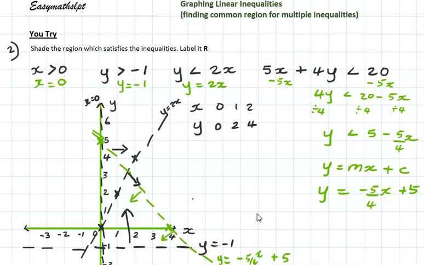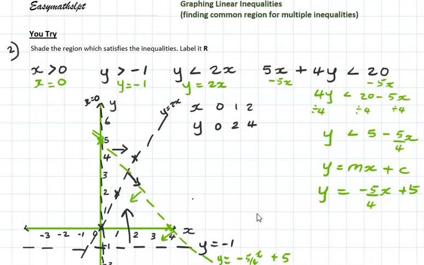So where is the region that we have all our arrows? Well, the graph for x is greater than 0 is going in this direction. For y is greater than negative 1, it's going here. And for y is less than 2x, it's going down here.